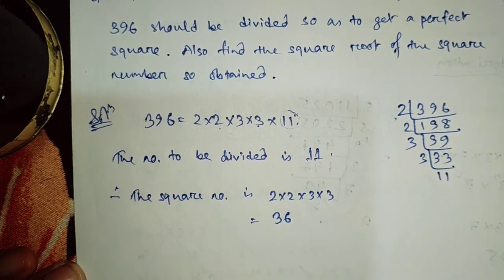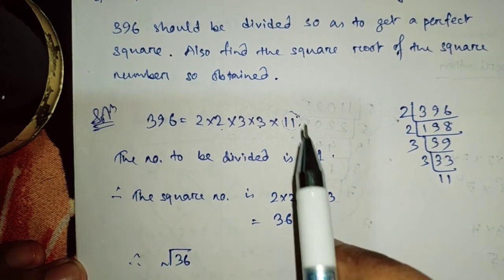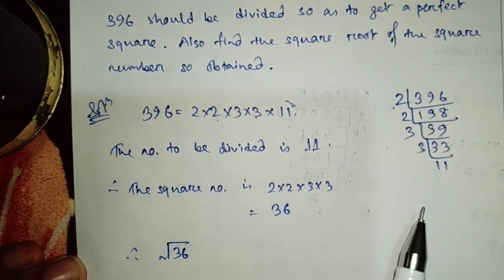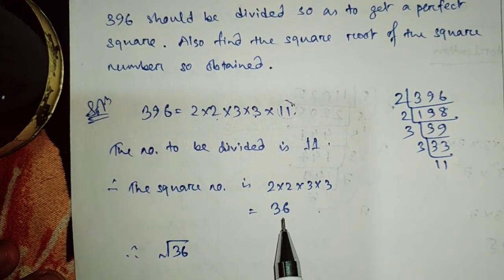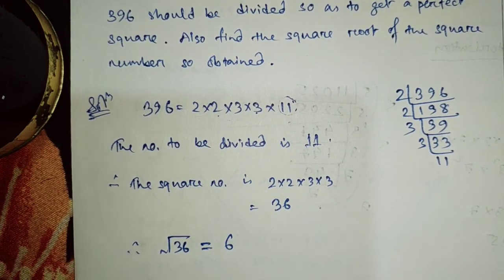So we also have to find the square root of the square number obtained. 36 is the square number we obtained, and the root of 36, we all know, is 6.